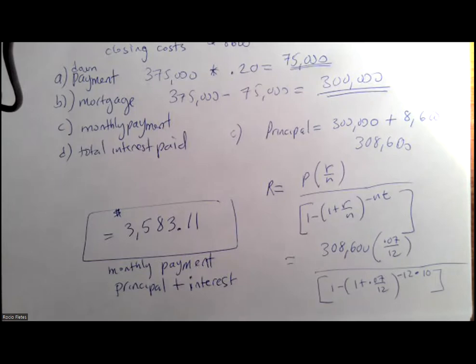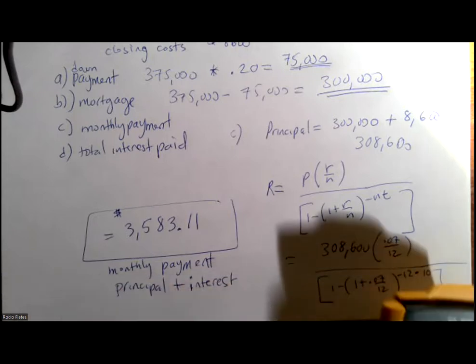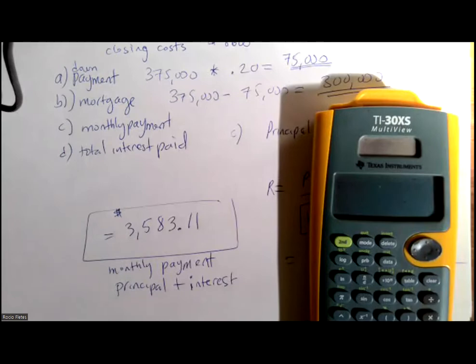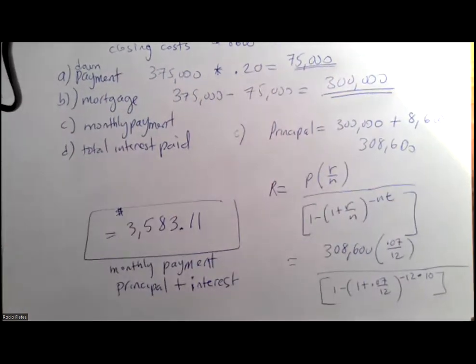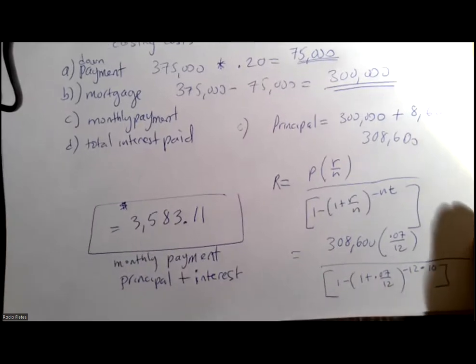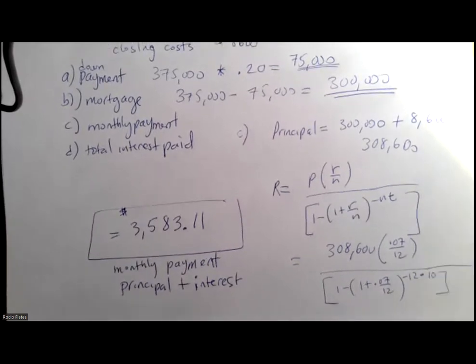Now, remember this is the monthly payment, and you want to enter this information in the calculator. If you have the TI-30XS, it's easier to enter because it has the fraction key.